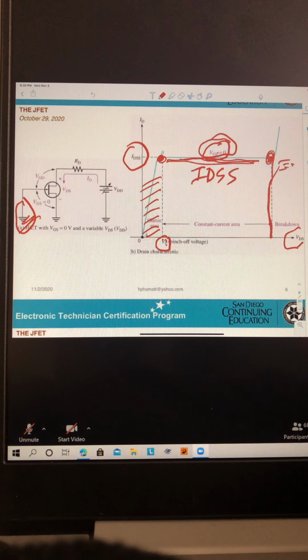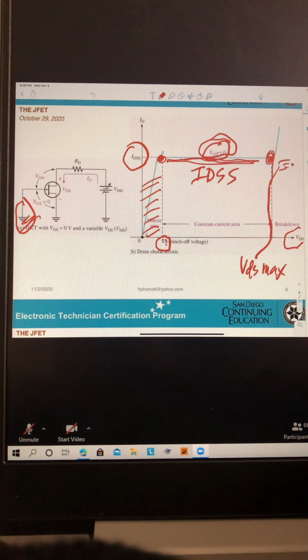So basically, if VDS is less than VP, the JFET can work like a resistor. However, higher than VP and less than the maximum VDS max here, it will work like a current source, and that current will be equal to IDSS.